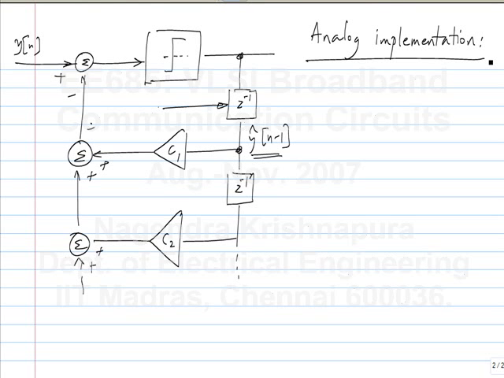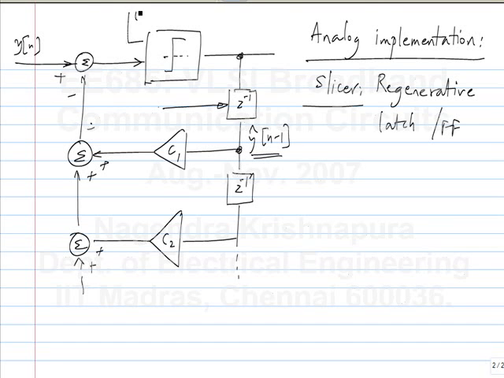Comparator will be? Yeah, typically the slicer, because you want a high gain, you need a regenerative latch or a flip flop. And you will have the sampling clock here. Okay. And this delay is not Z inverse, but e to the minus sT by 2. Okay.